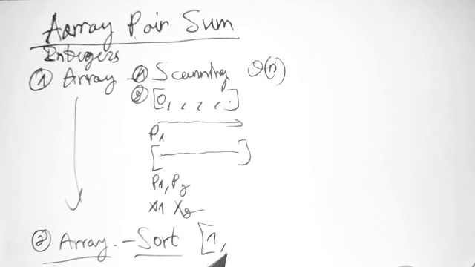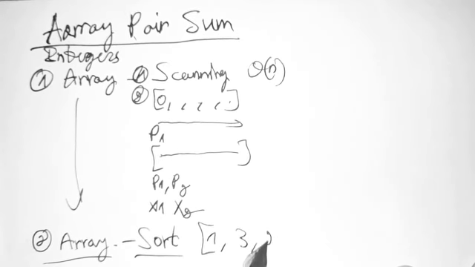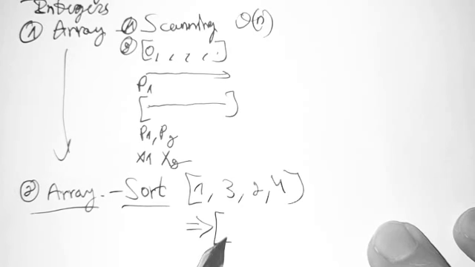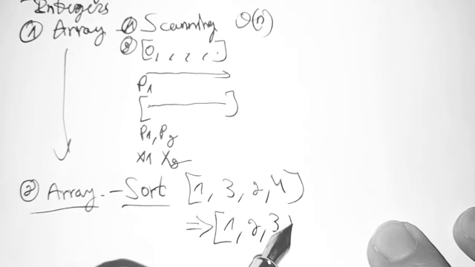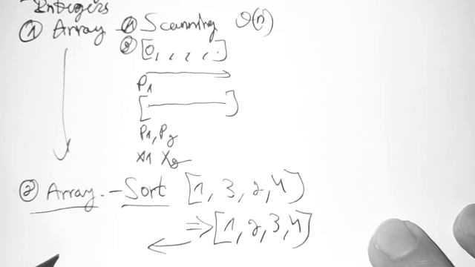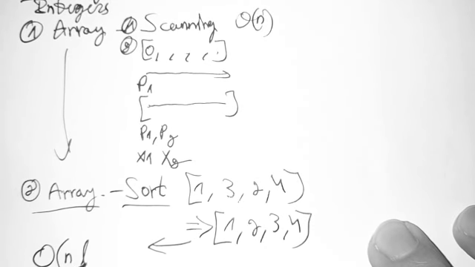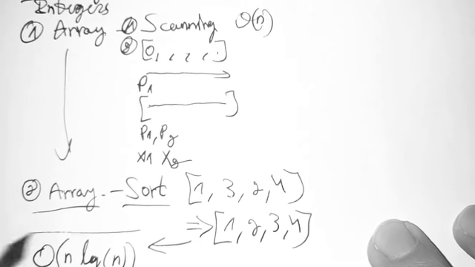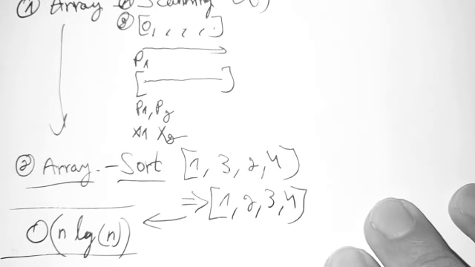So if I have 2, 1, 3, 2, 4, I could sort it 1, 2, 3, 4. And this I know takes O of n log n. So we already know something about the time complexity, which we could apply in solving this question.